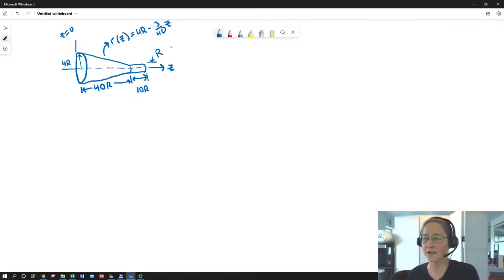So it's a linear taper. Had it been some other kind of function, had this been parabolic or whatever, we could have found that function. That function is probably something that somebody would have had to program into a milling machine, or if they were making this by additive manufacturing, it would have been something that you would program into your additive manufacturing machine, in this case probably laser sintered because it's a torque converter, so it probably has to have a little bit of strength.